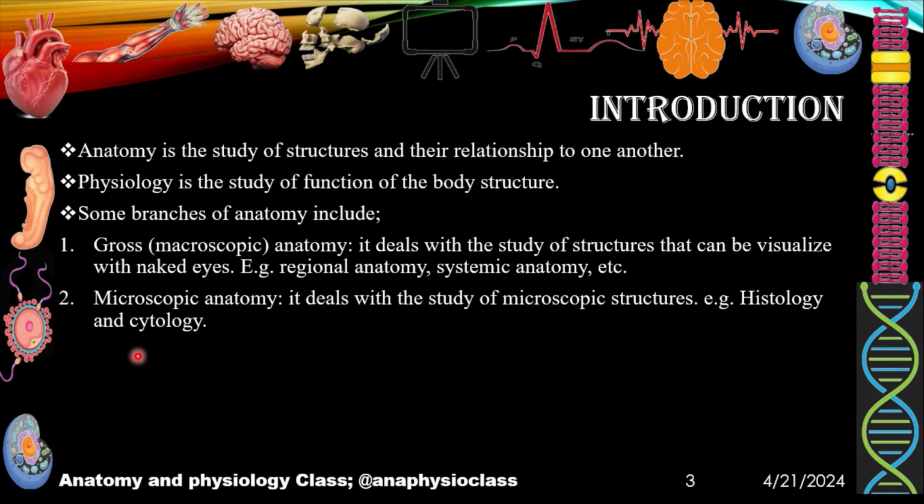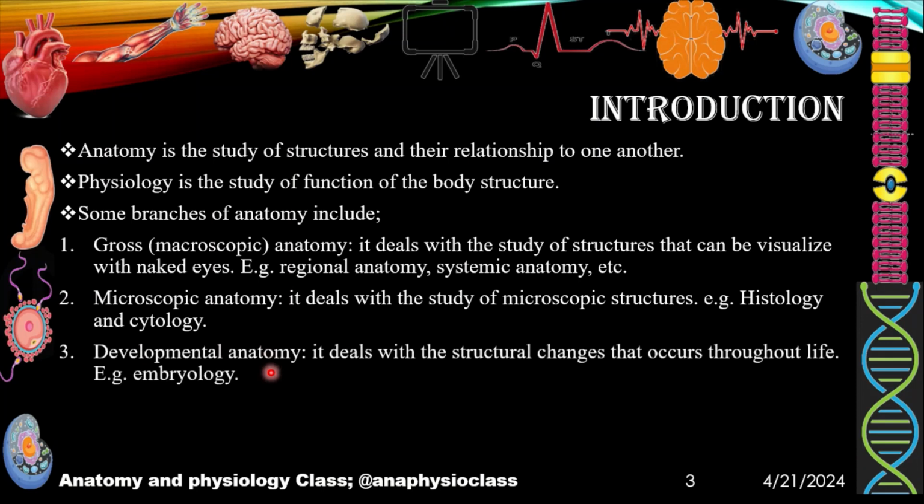So in microscopic anatomy, we use a microscope to further explore the microscopic structures of all those larger structures that we can visualize with our naked eyes. So we move beyond visualizing structures with our naked eyes by using a microscope to see the microscopic anatomy of those structures.